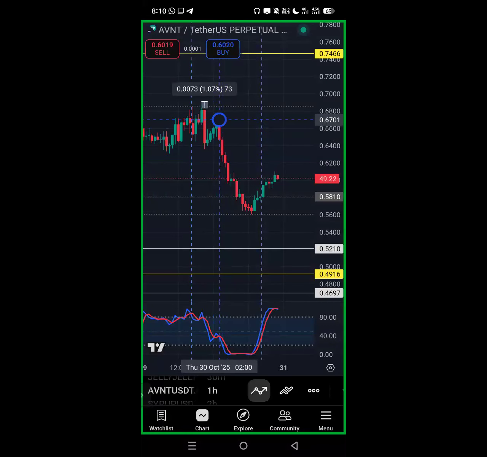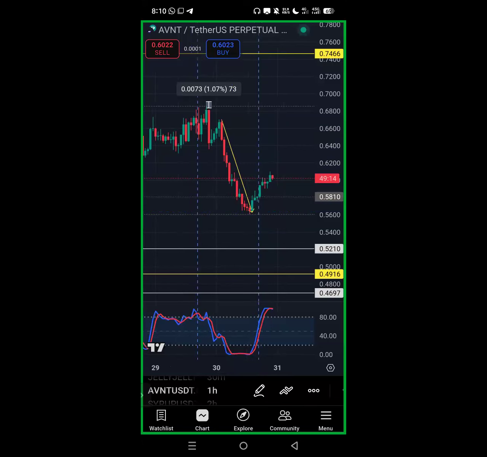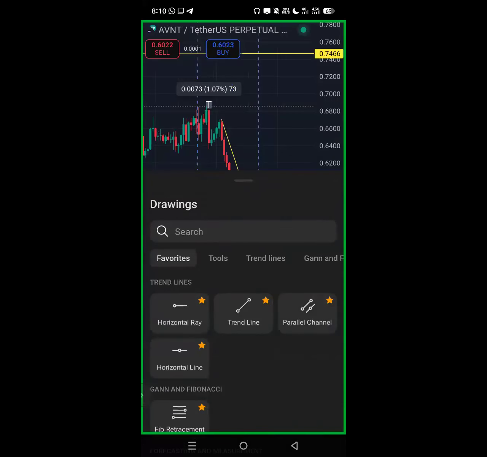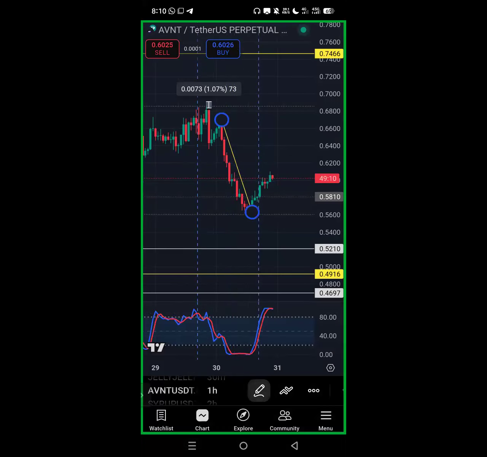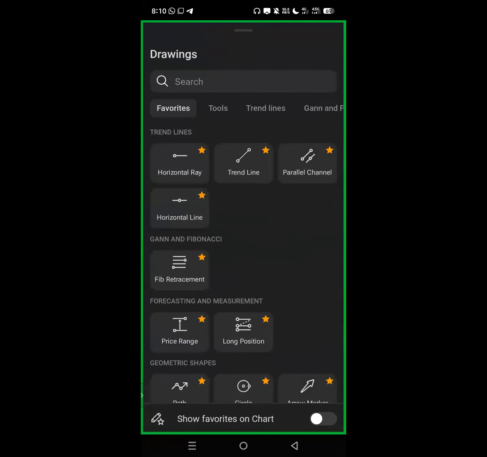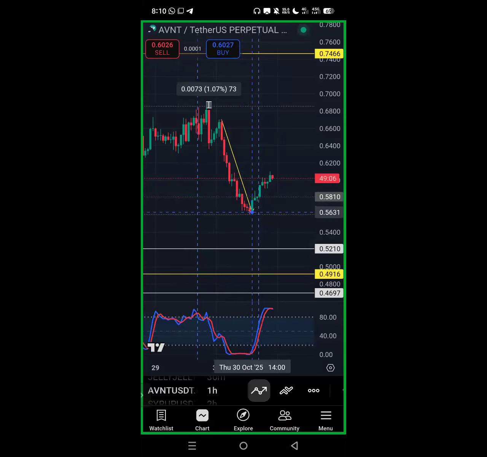After a long period of movement into the downside. And it is trying to retrace. This is a retracement happening, okay? This is a pullback happening after that long move.